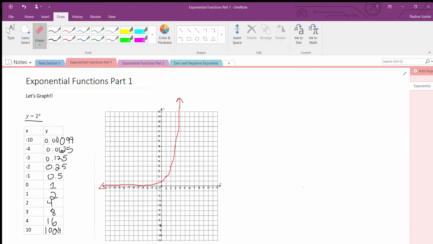One last thing that I want to hit on before we call it quits with this introduction to exponential functions is that we have these two arrows, right? This one is pointing all the way to the left. That means our x's go all the way to negative infinity. And this side points all the way to the right.